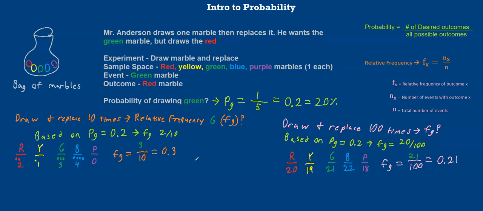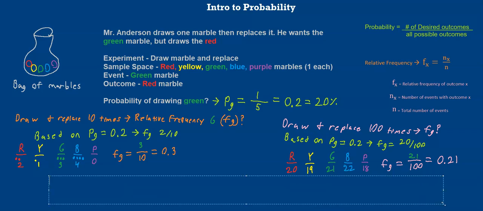Hopefully this makes sense, that this number would be closer. In order to get 0.3 over here, we would have had to draw the green marble 30 times, which is much less likely. Just like it's much less likely to draw our purple marble 0 times out of 100 than it was to draw it 0 times out of 10. This seems possible, but over here it would be very unlikely. The point I'm trying to make can be summed up by the term the law of large numbers.